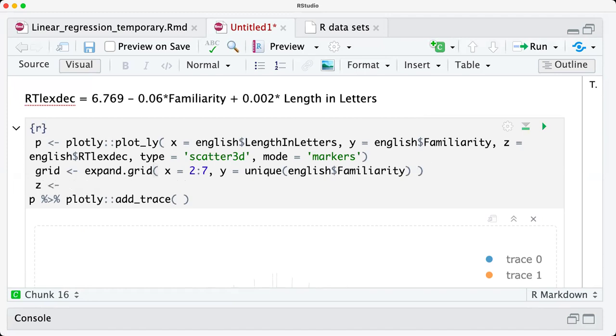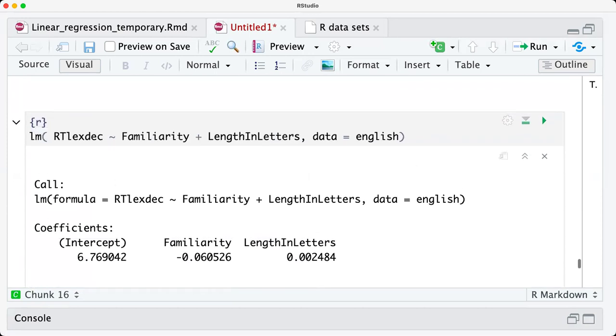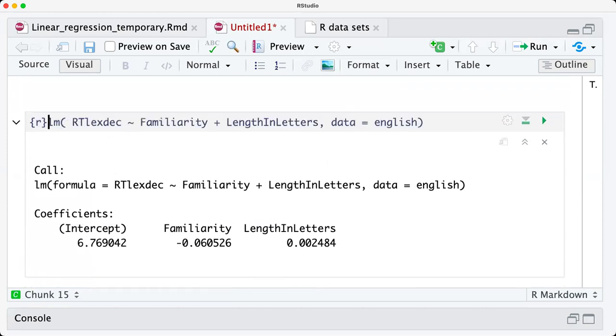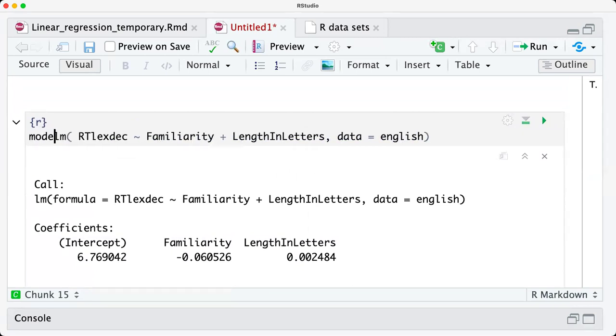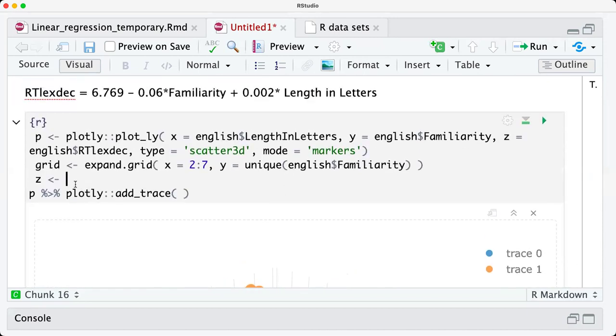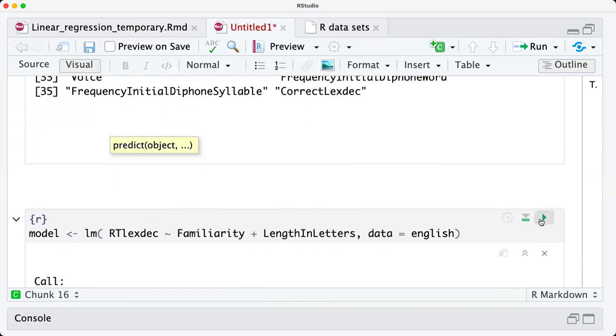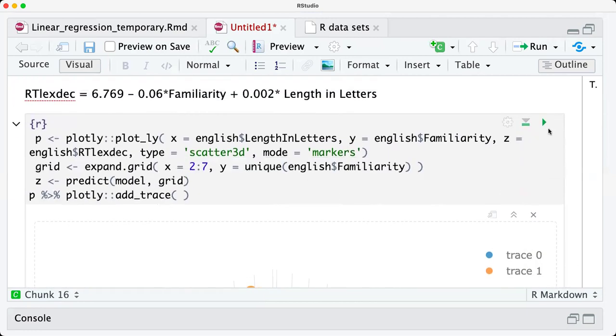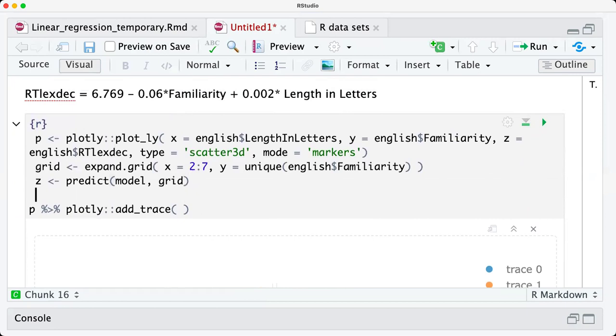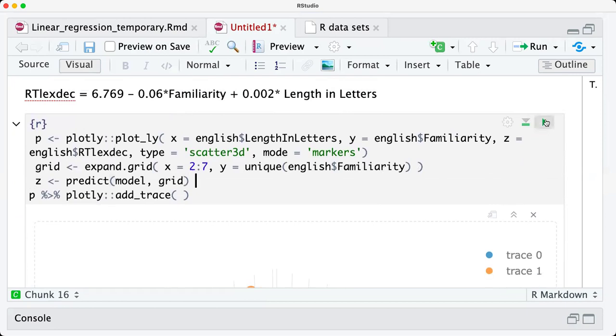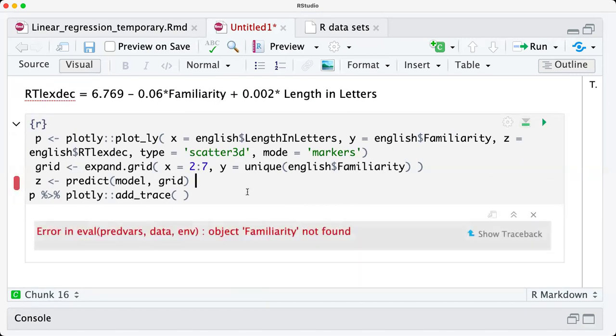Let's add the Z. Now we use the linear model to compute the Z, the lexical decision, from the points of the grid.